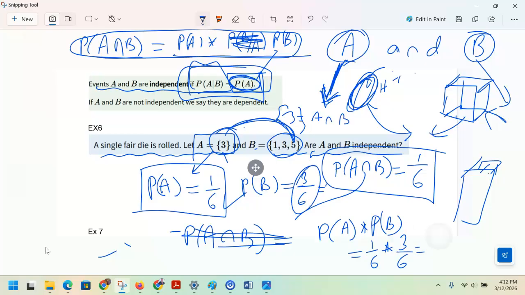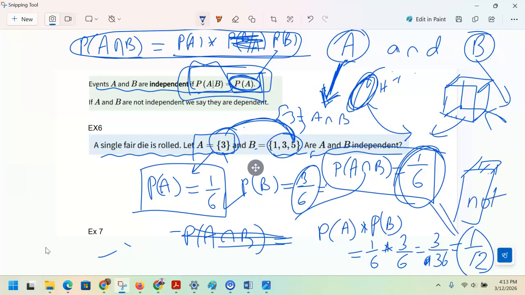So that is 3 out of 36, which is 1 by 12. See? And this 1 by 12 is not the same as the probability of A and B, and that's why I say this is not independent.